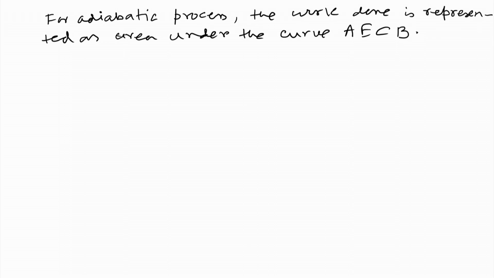Okay. So, since the area for isothermal process is higher than that of adiabatic process, work done for isothermal process is greater than work done for adiabatic process. Okay. So, if we carry out a process in isothermal manner, then we get more work done than that of adiabatic process.